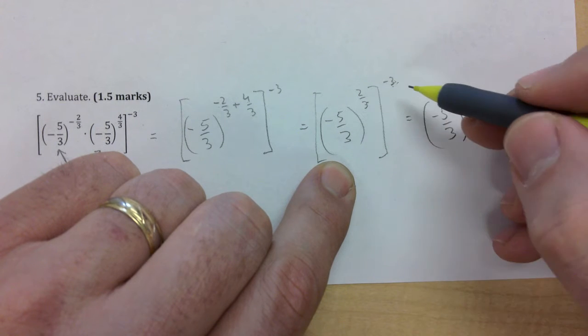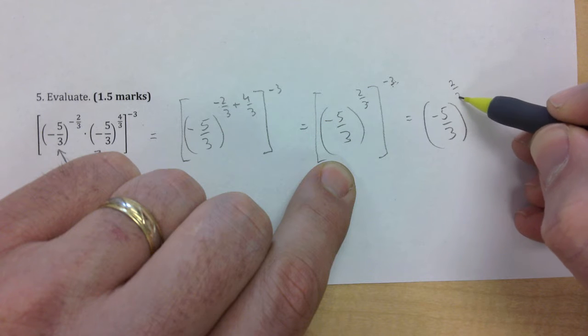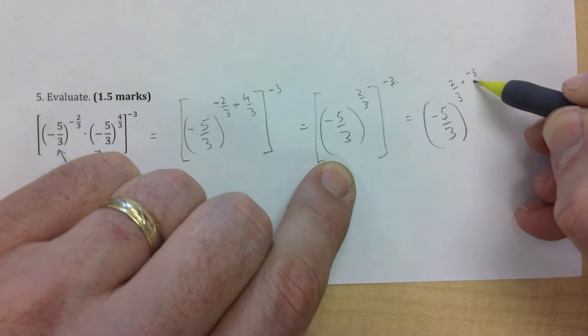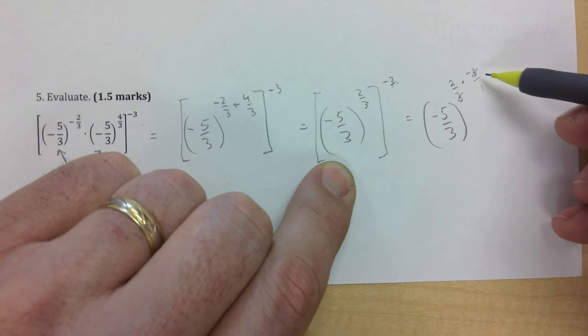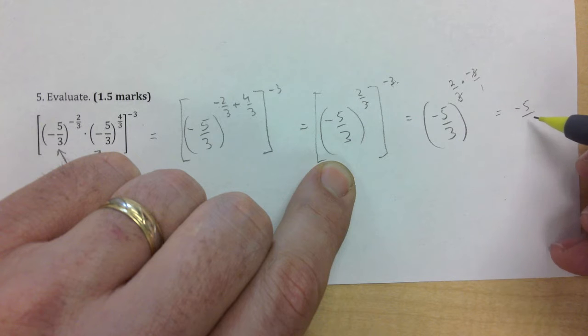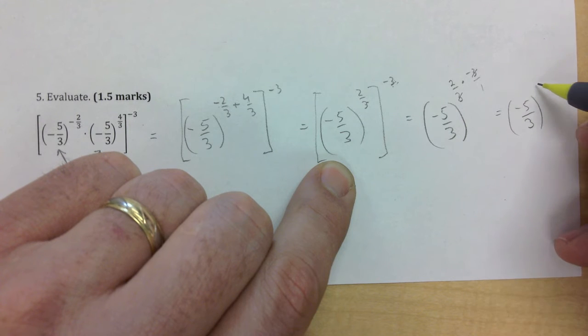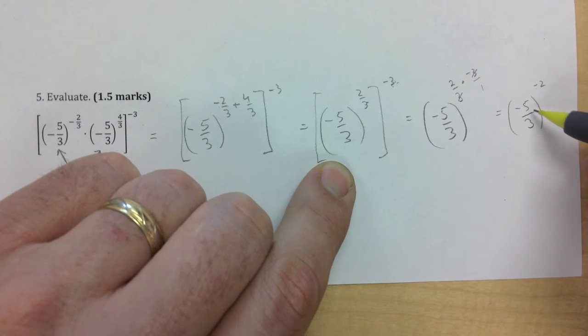So if you multiply 2/3 times -3, it's really -3/1. You can cancel these out, and you're really just left with a -2. So that's -5/3 to the -2. It's negative because of that. Now we flip it.